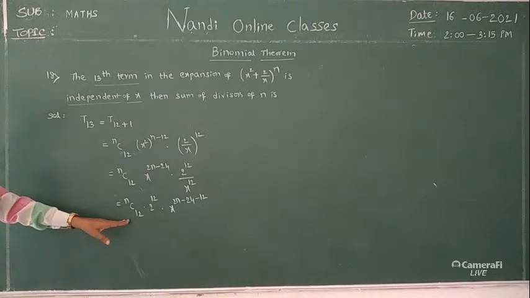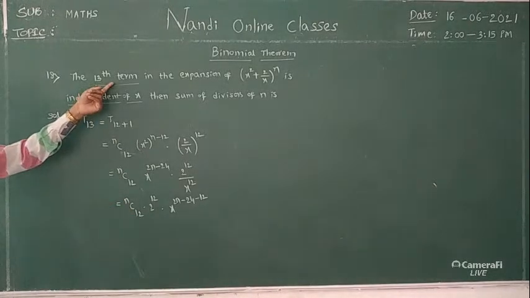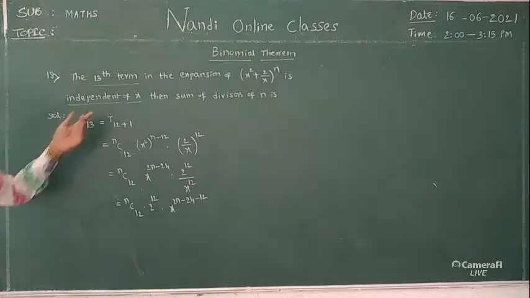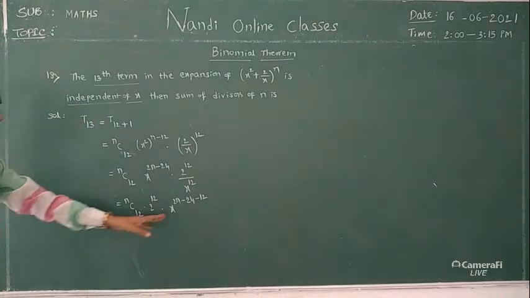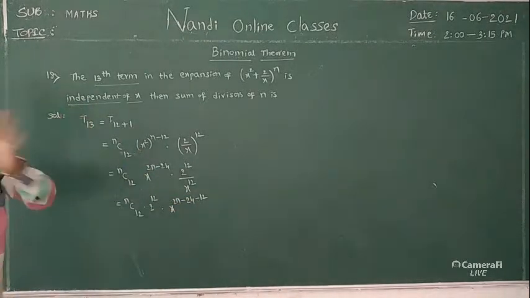They said the 13th term is independent of x, no x should be present, so make that x power equal to 0.